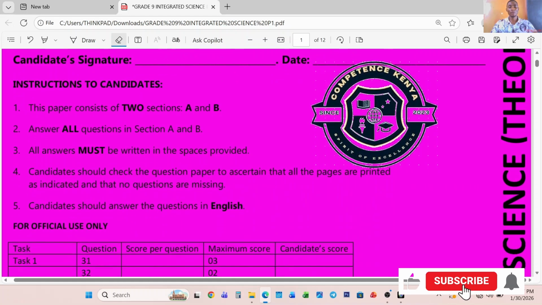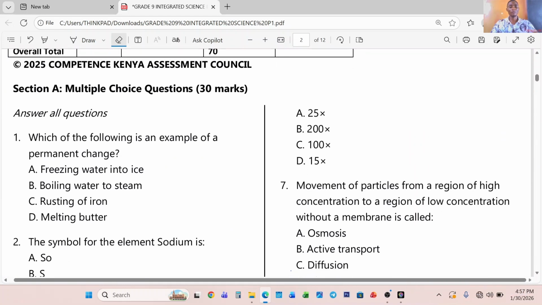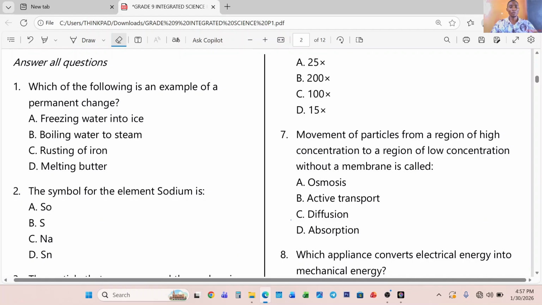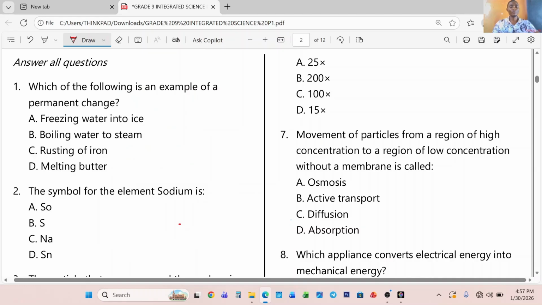So let's start with question number 1. Which of the following is an example of a permanent change? We understand that we have two types of changes: permanent change and temporary changes.